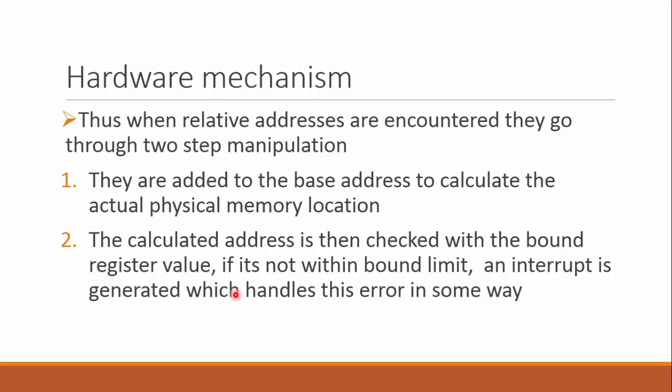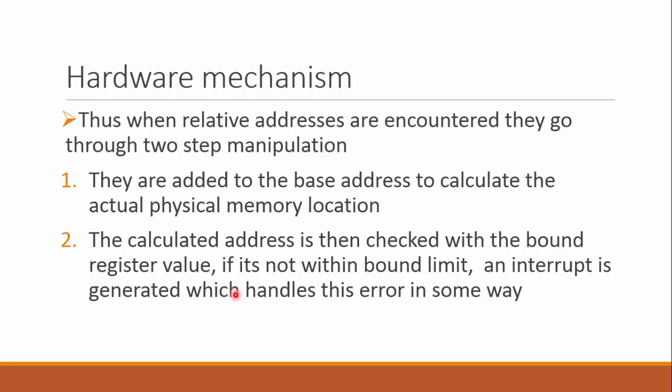When a relative address is encountered, it is calculated as follows. The base address points to the origin of the program, and the relative address is with reference to that base. When we add the relative address to the base address, we get the actual desired address. This address is then checked against the bound register.